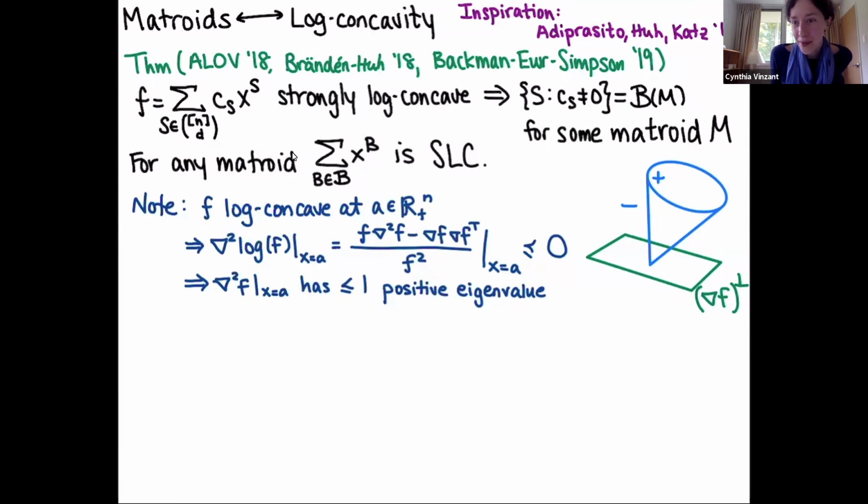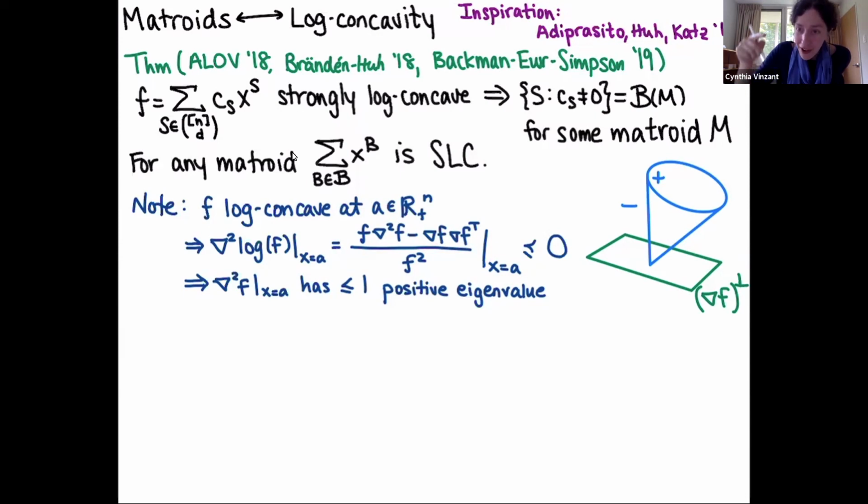And so the takeaway is that we have a matrix with non-negative entries minus a rank 1 matrix that is negative semi-definite. And so I claim that means that the Hessian of f has at most one positive eigenvalue, because on the orthogonal complement of the gradient, on a hyperplane, it has to be negative semi-definite.